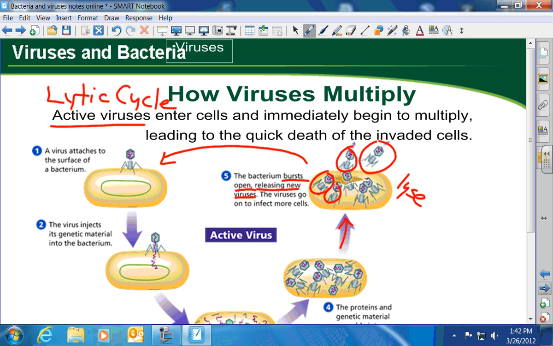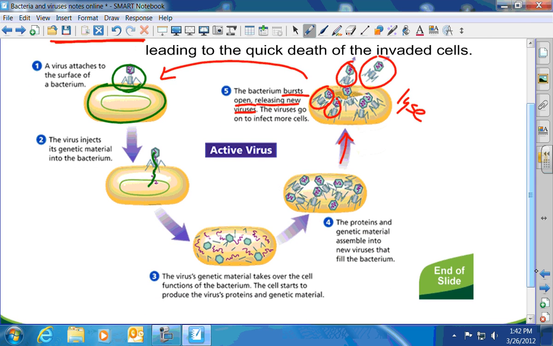Viruses, how do they multiply? Well, we have active viruses, and we call it the lytic cycle. The lytic cycle, that's our active virus. What happens is, and we're going to take a bacteriophage, for instance, a bacteriophage attaches itself to the bacterium, and it injects its DNA or RNA into the bacterium. The virus's genetic material starts to take over the cell and begins to form more bacteriophages.